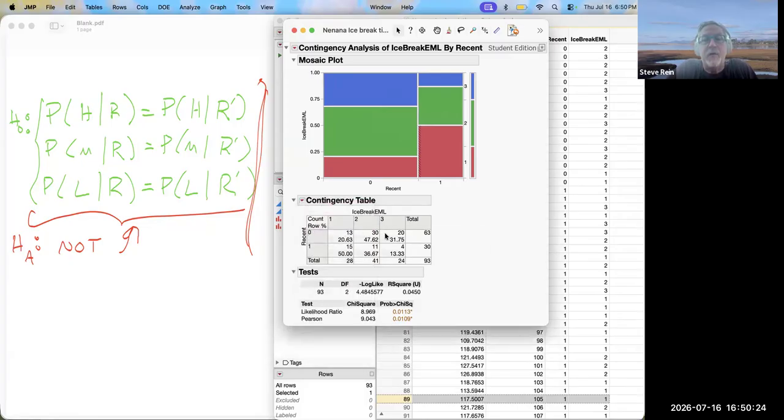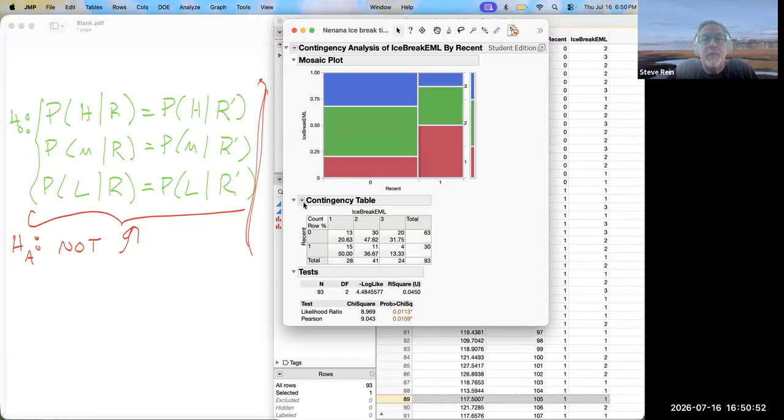If explanatory is along the row, maybe the percents here, like the percent of early, goes from 20% to 50%, and then medium goes from 50% down to 37%. And ice breakup being late in the season goes from like 32% down to 13%. It does seem as though there is a trend here.